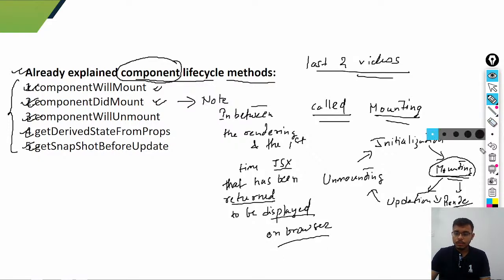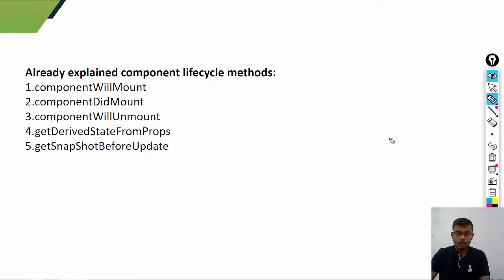Now finally, I will discuss componentWillUnmount. Let's understand when this method is called. For componentWillUnmount, we have seen that we can do conditional rendering, that is, we can use a variable inside a ternary operator.